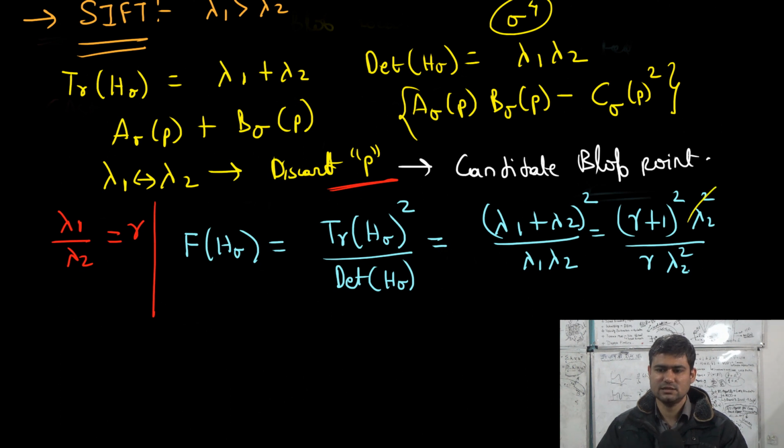So the lambda 2 squared cancels out and we are left with f of H sigma equal to (gamma plus 1) squared over gamma.